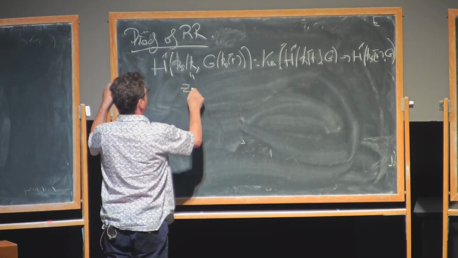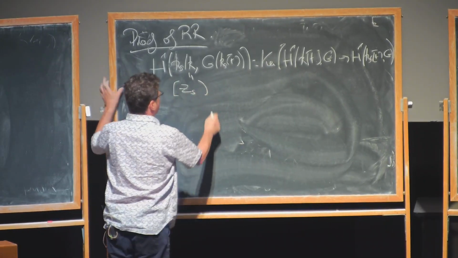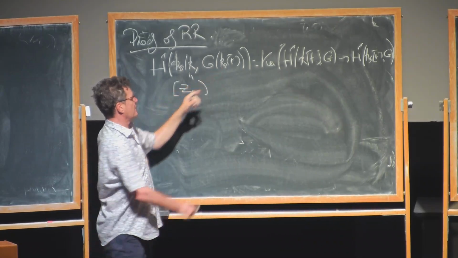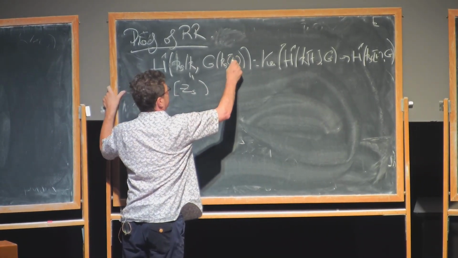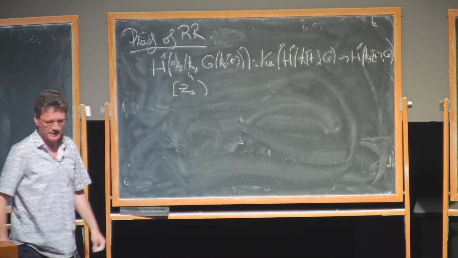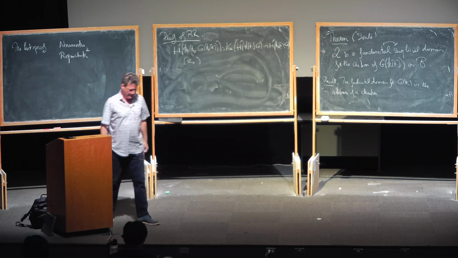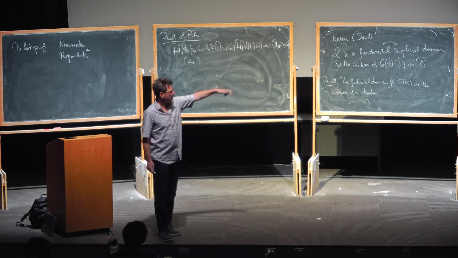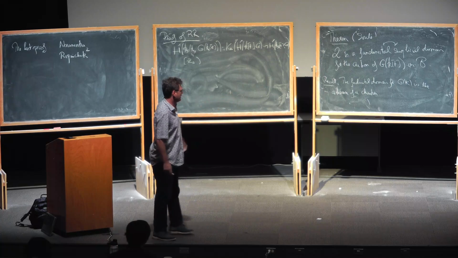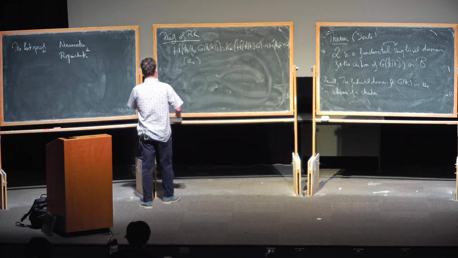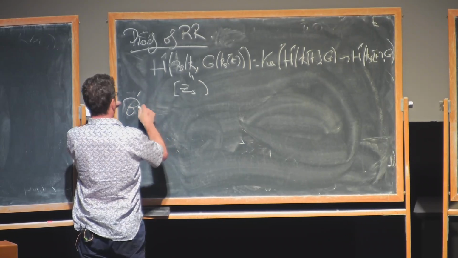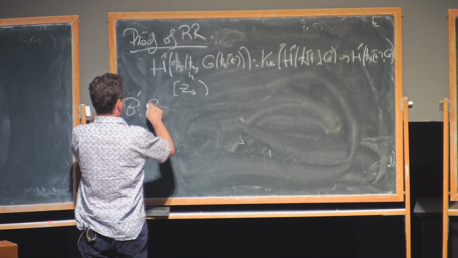A guy here is just a Galois cocycle, but not with values in G(K^s). We have one variable, and then the trick is to use Soulé's theorem not over K but over K^s. So B prime, if you want, this is the building.